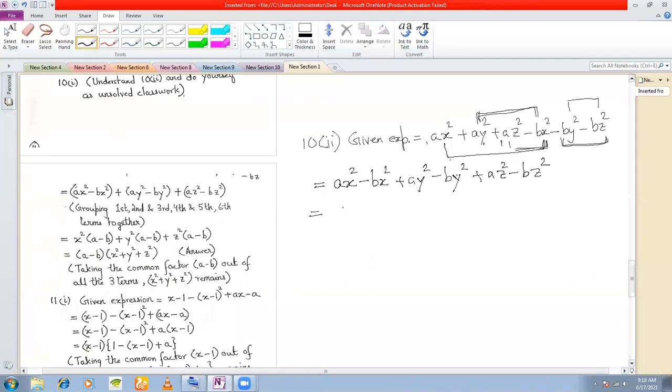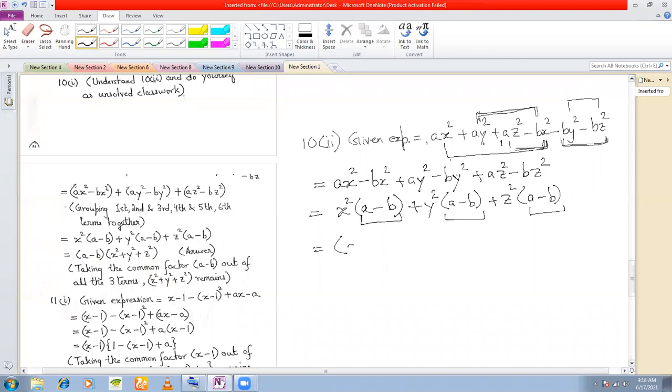Now see, from the first two, you can take out x square easily. And if you take out x square from ax square, you get a, and here you get b. From here, you can take out y square, you get a minus b. And from here, you take out z square, you get a minus b. So now we are getting all these three same.